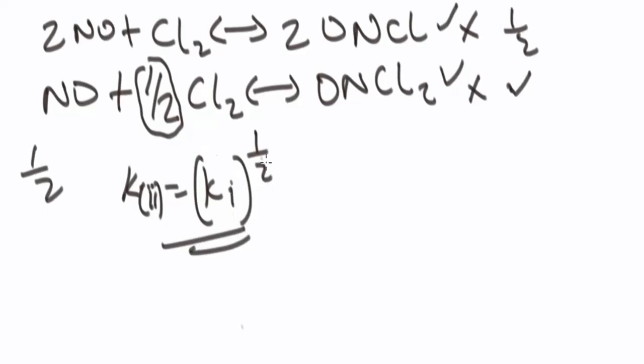Alright, so take note of this. When a new reaction differs from the original reaction by a common factor n, the equilibrium expression will yield this. So you multiply the original equation by the common factor n, and you will get back to this equation.